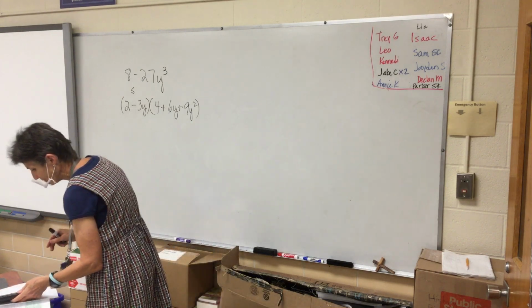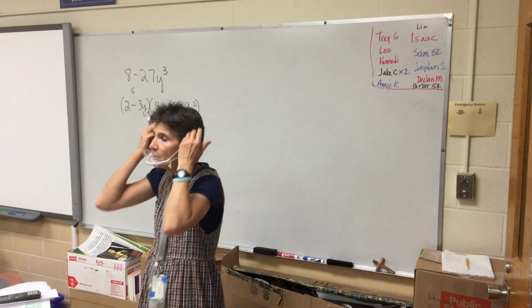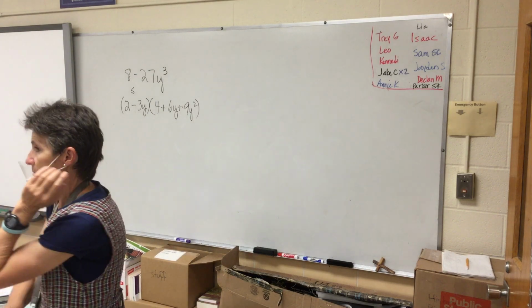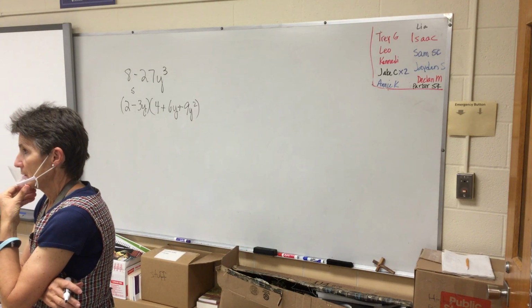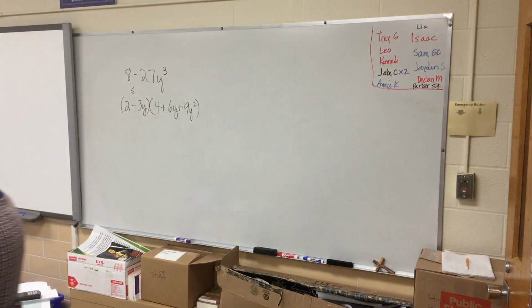Now, the graph is not the answer. Why are we doing that? So that we can figure out whether our equation is going to be a line equation or a parabola equation, right? That's the only reason we do it.